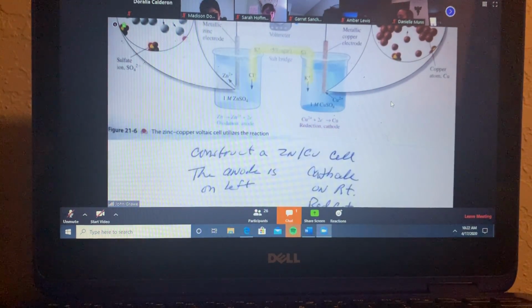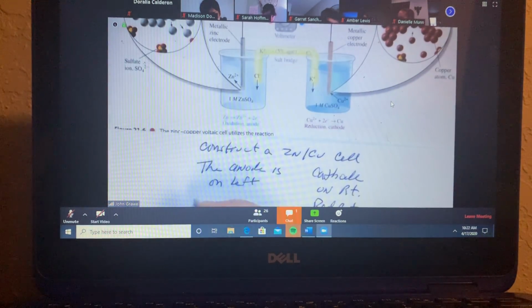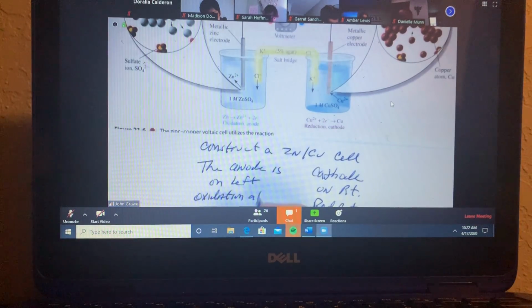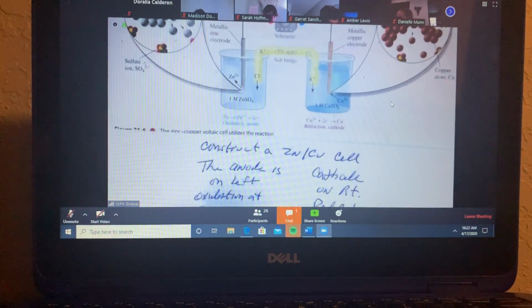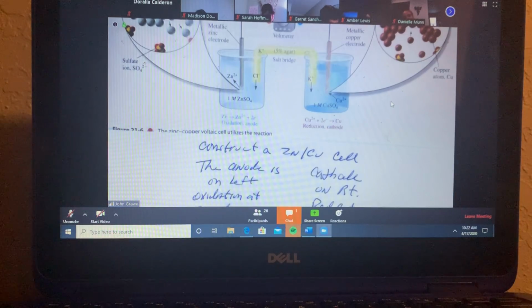So reduction is always at the cathode. And we've got then oxidation at the anode.